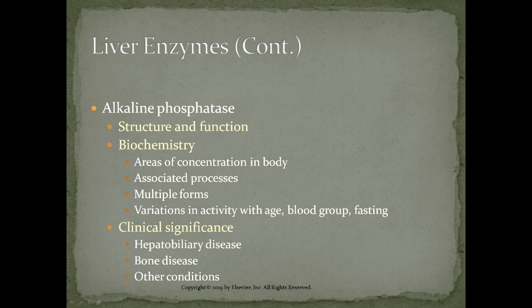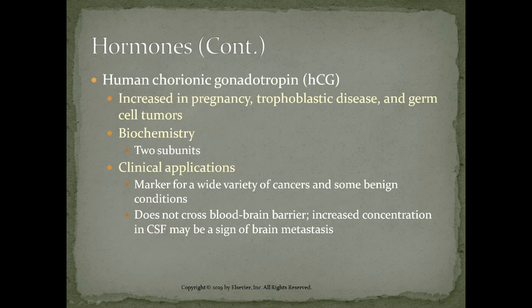More liver enzymes, that's ALK-Phos, alkaline phosphatase, very important for dealing with that. A lot of clinical significance there in liver and bone diseases. Also, hormones. I mentioned that earlier.